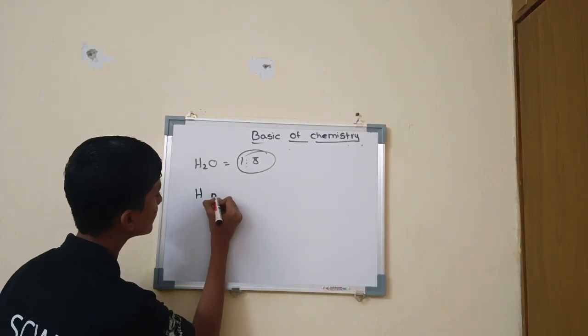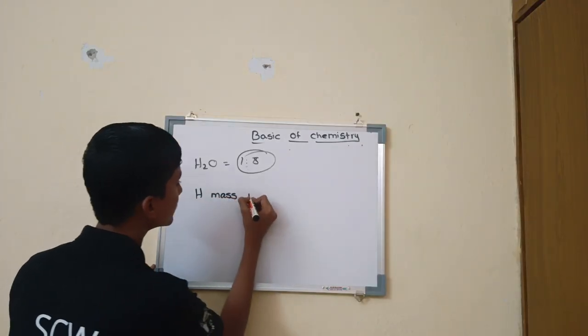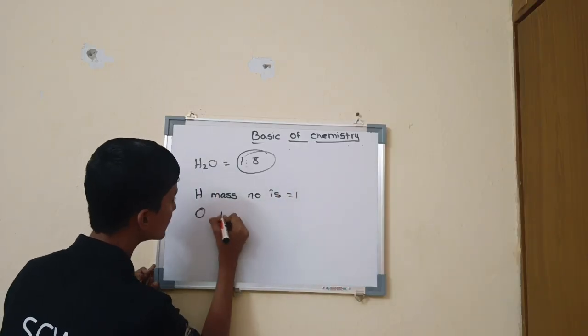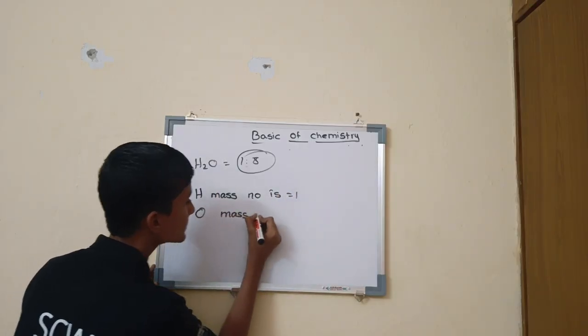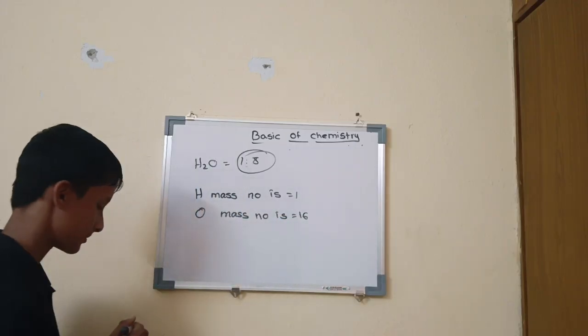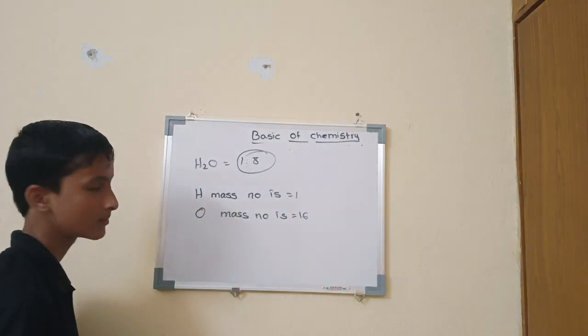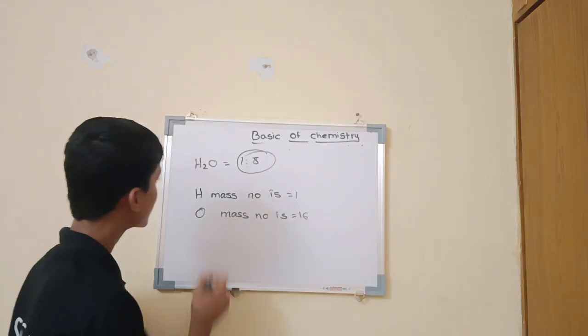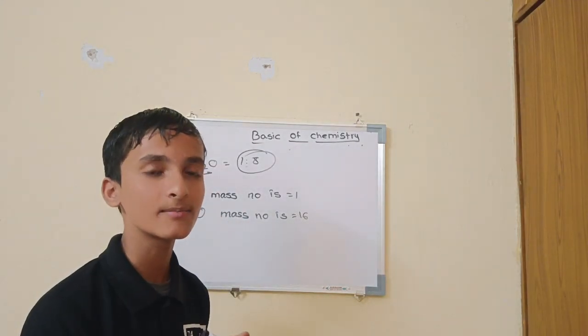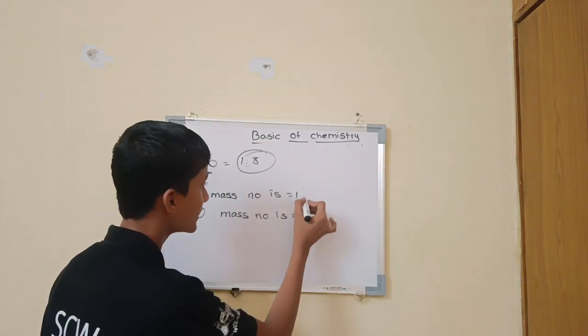Hydrogen mass number is 1. Oxygen mass number is 16. Here H2O has 2 hydrogen atoms, means 1 into 2.